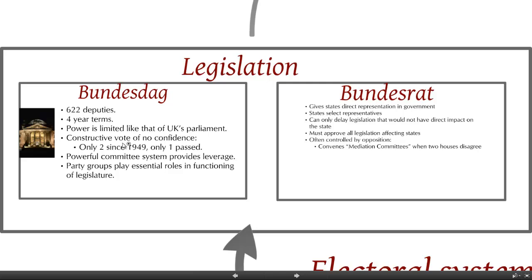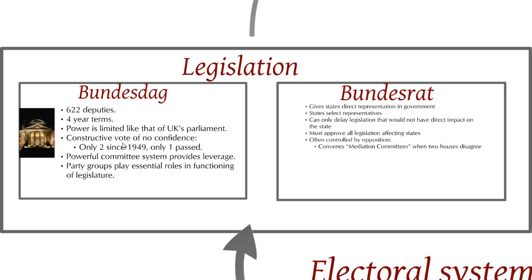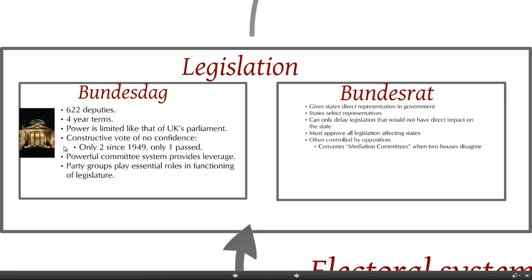Here it uses a constructive vote of no confidence. So again, you need to propose a motion of no confidence, but not only that, when you do that you also have to present what the alternative to the current government policy should be, which makes it really difficult to get a no confidence vote passed. Only 2 have been presented since 1949, and only 1 has passed.